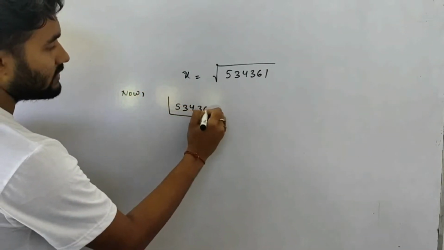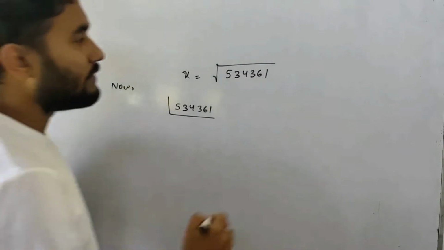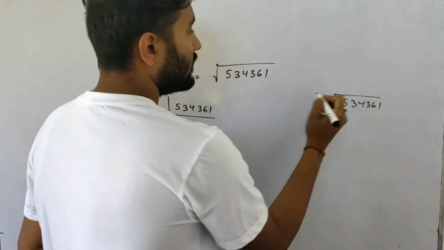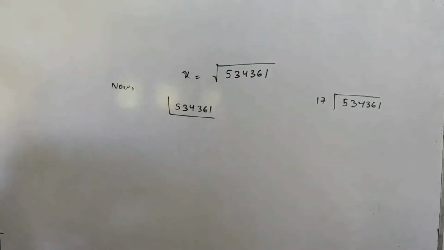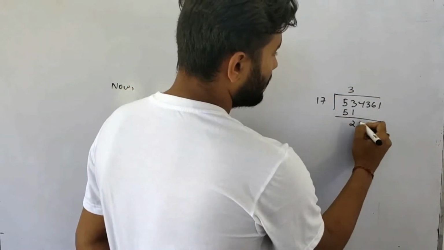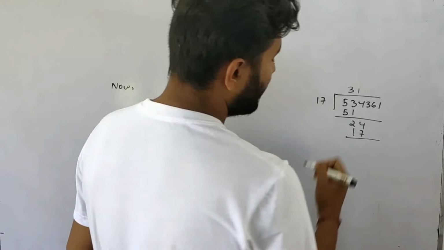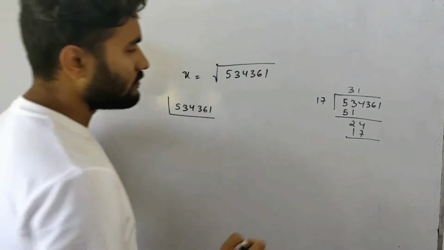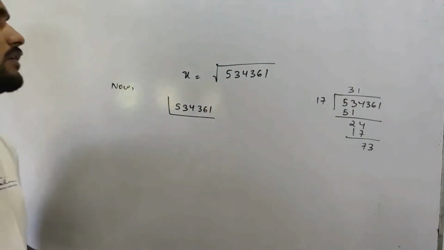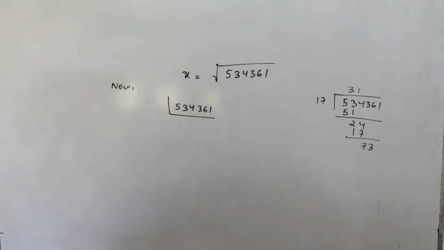5,34,361 will be divisible by 17. Let us see, 17 1 is 17, 17 2 is 34, 17 3 is 51, 17 4 is 68, 17 5 is 85.